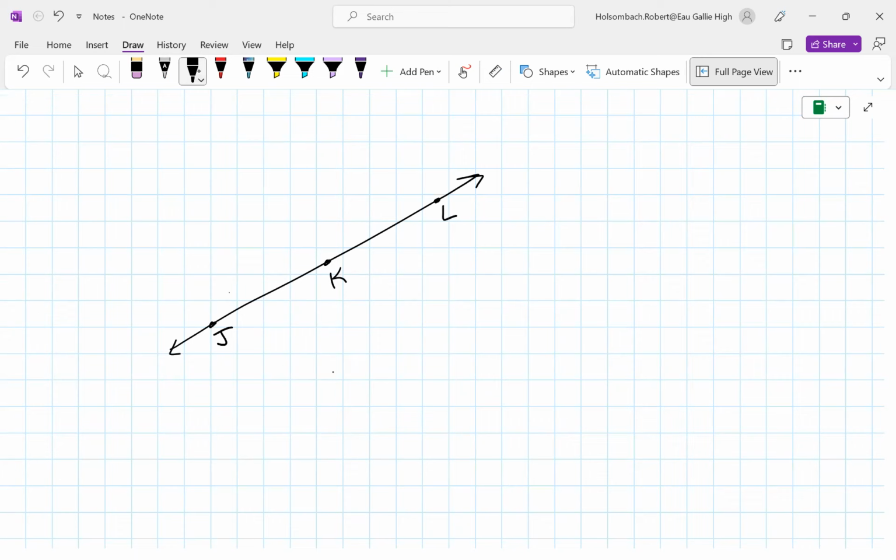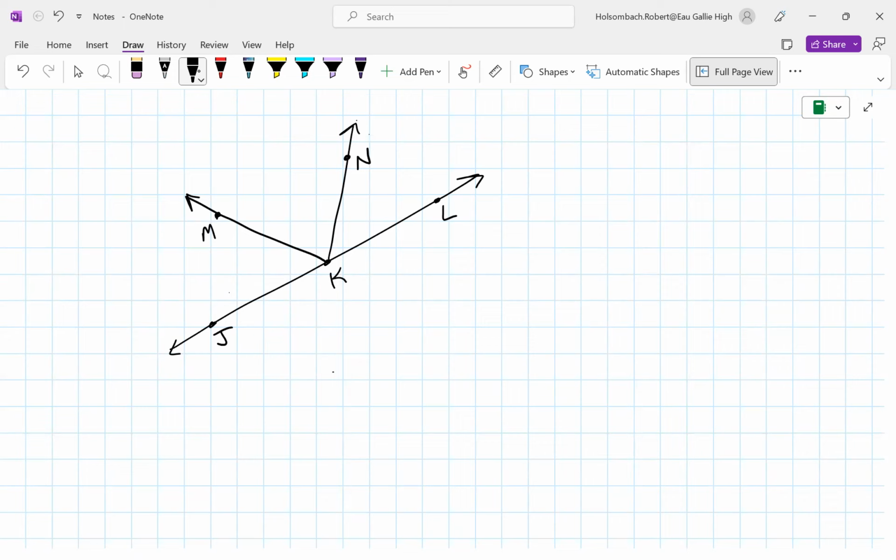Got KM right here. And KN. Now we're going to get a little bit different information.